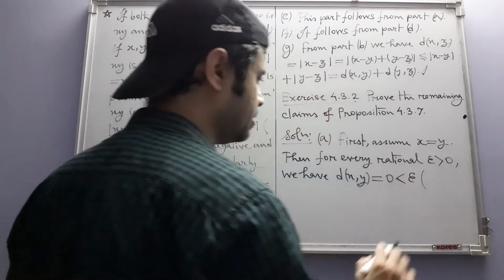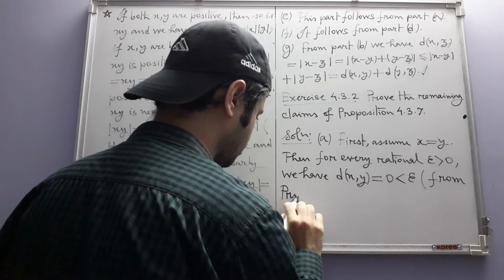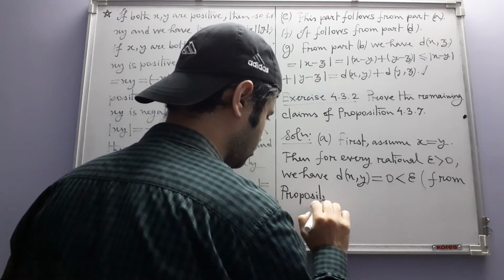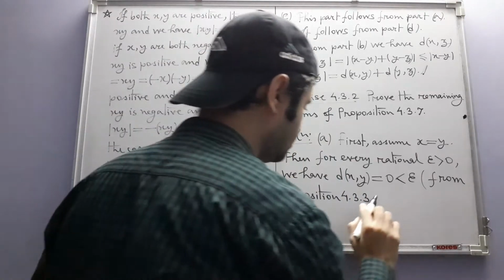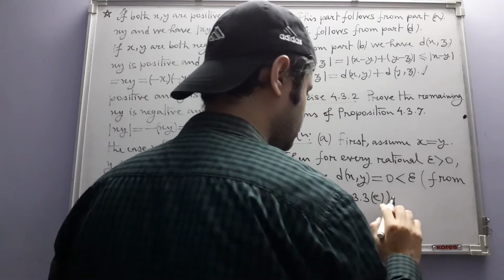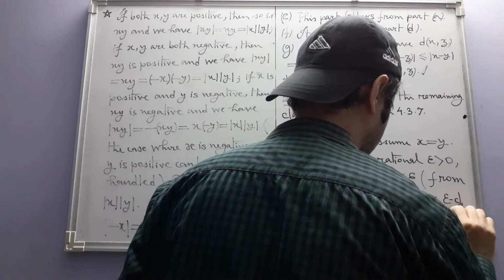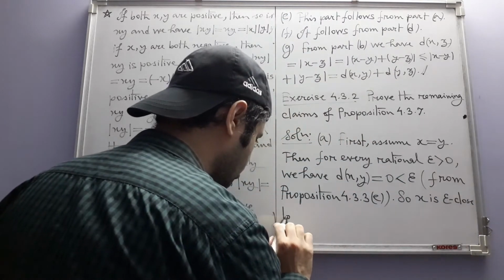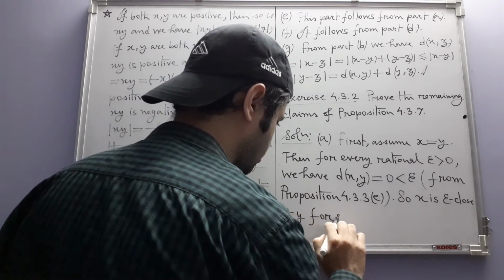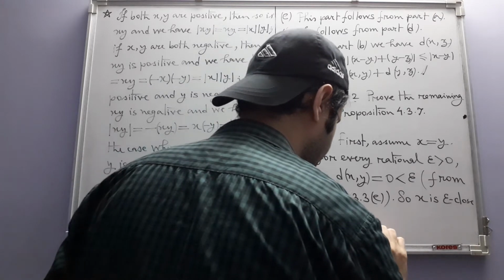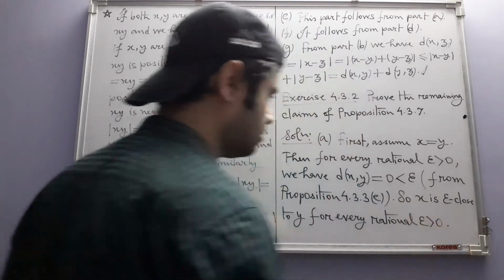If you want, you can write from proposition 433 part E. So x is epsilon close to y for every rational epsilon greater than 0.